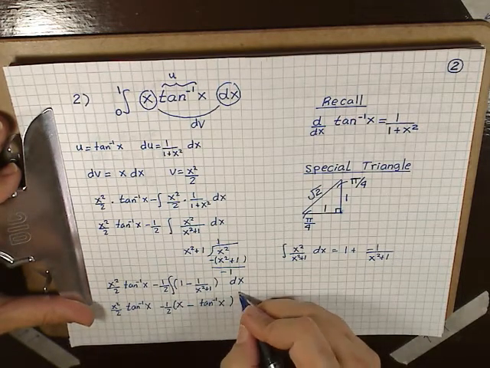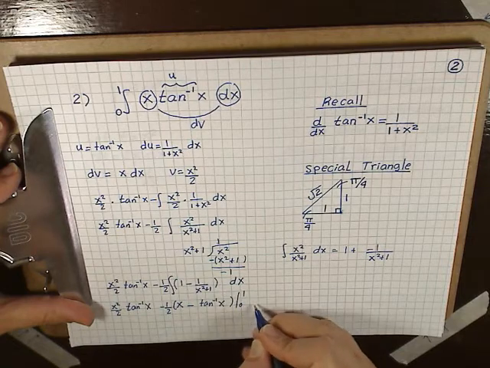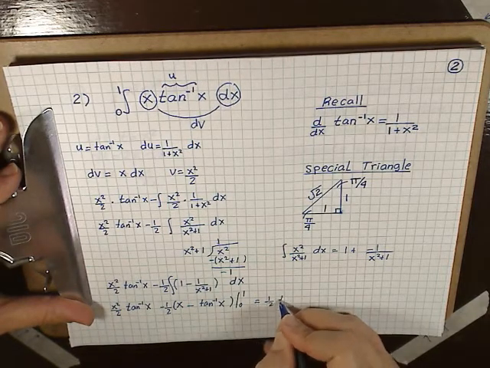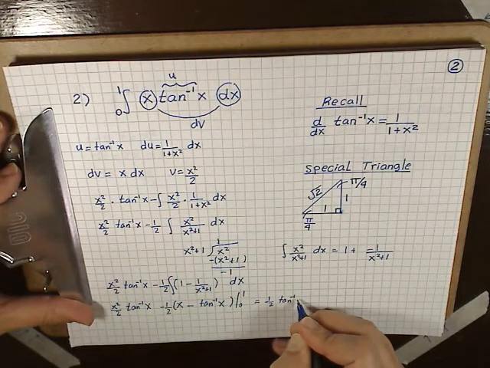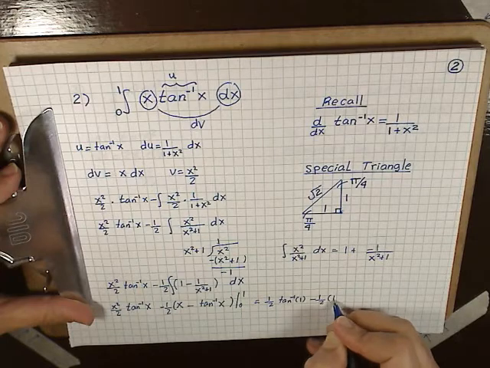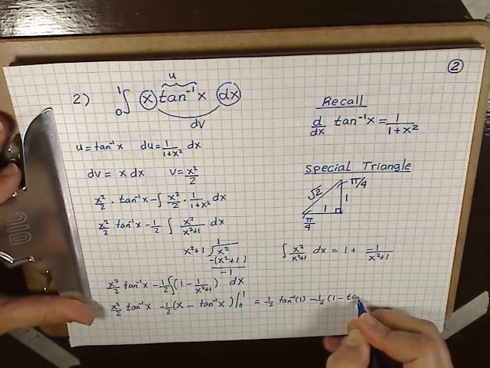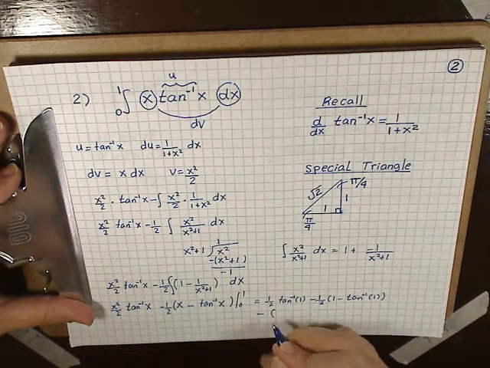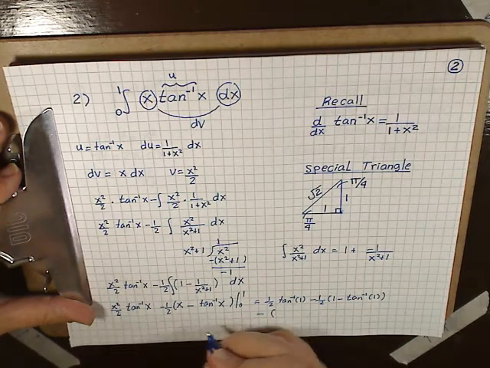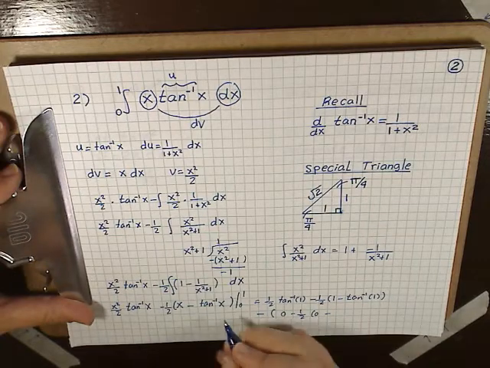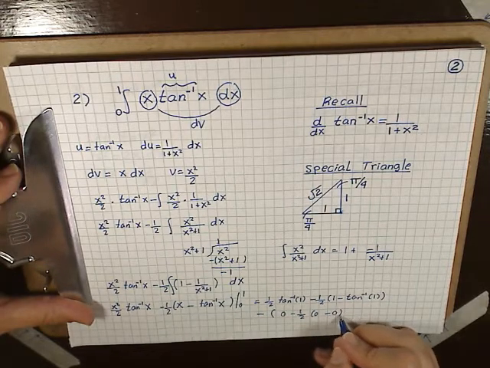Alright, let's evaluate the limits, 0 to 1. That's going to be 1 half tan inverse of 1 minus 1 half times 1 minus tan inverse of 1, minus, put 0 in, you get 0 minus 1 half times 0 minus tan inverse of 0, which is just 0.